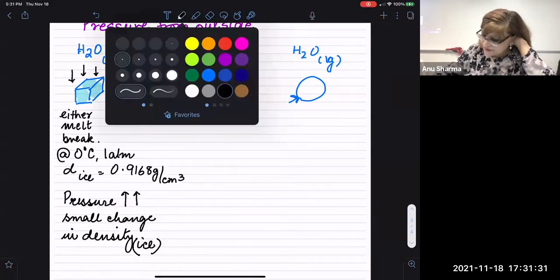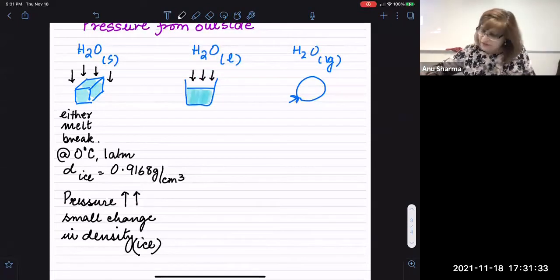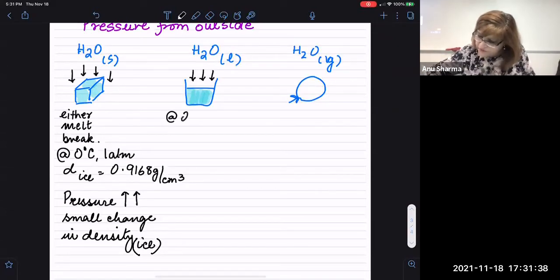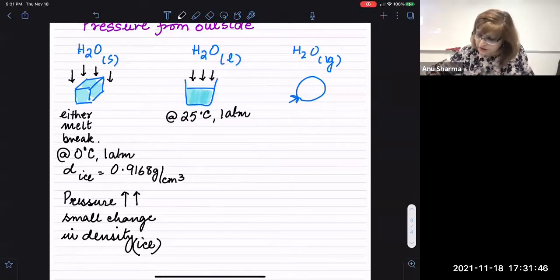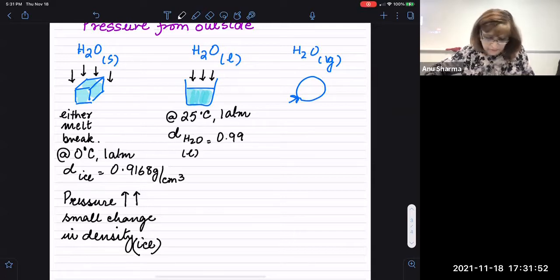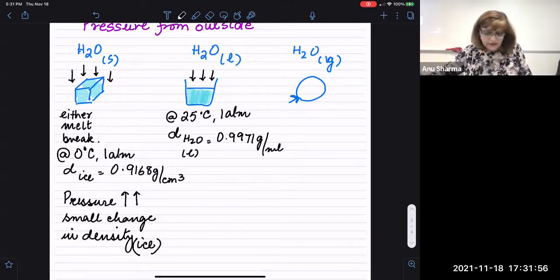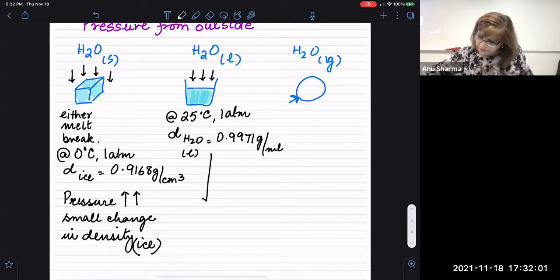So what happens here is that you have a density at 25 degrees Celsius and again 1 atm, our normal pressure, and the density does not change much. The density of water in the liquid state remains 0.9971 grams per milliliter.